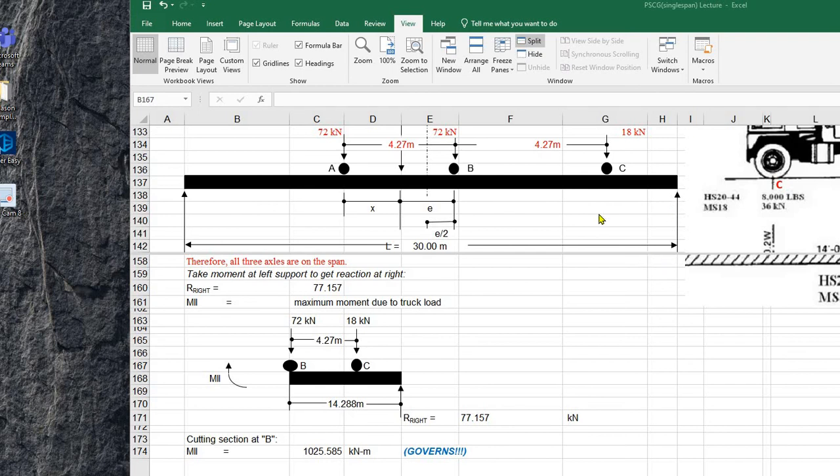So, let's cut a section at wheel B. The forces we consider are the 18 with lever arm 4.27, and the reaction with lever arm L over 2 minus E over 2.